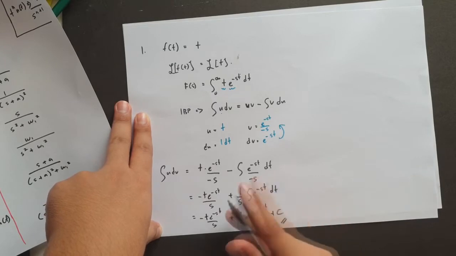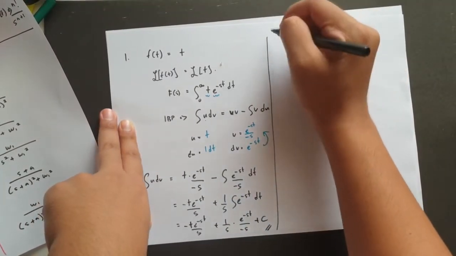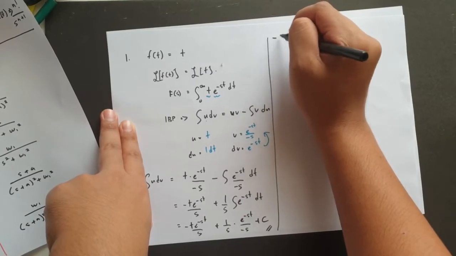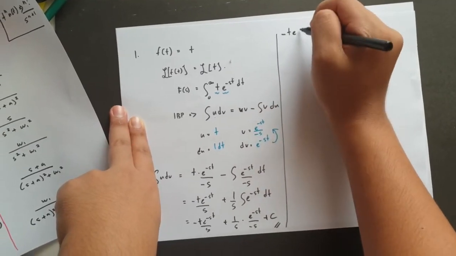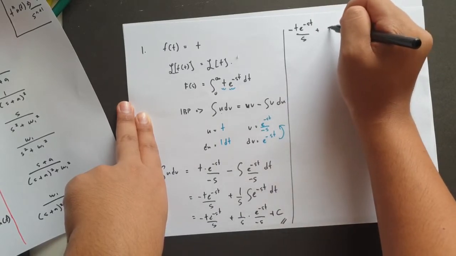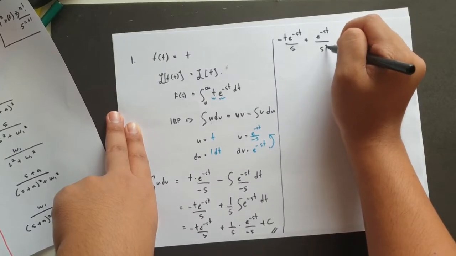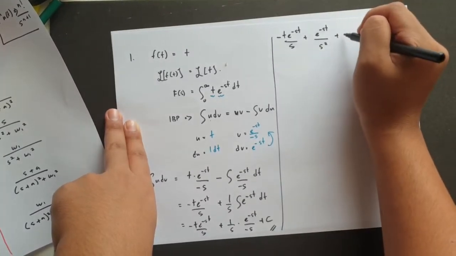So this is the theory for the integration theorem. Finally, we have negative t e to the negative st over s, minus e to the negative st over s squared, plus c.